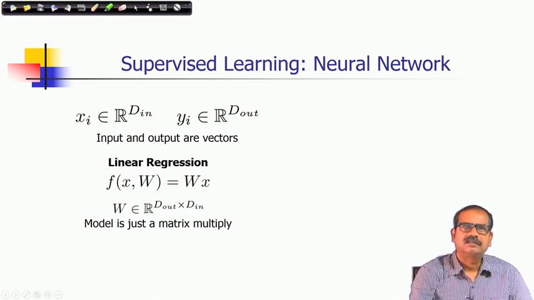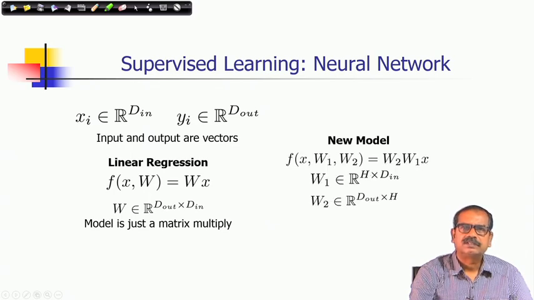In supervised learning, you can also use a neural network, which is a sequence of linear layers. Once again, as you can see, your learning problem remains almost the same.